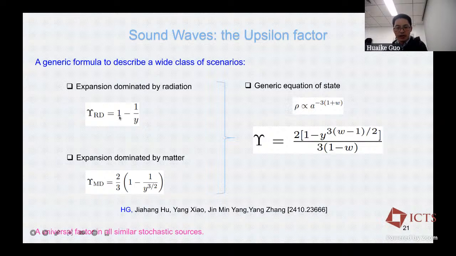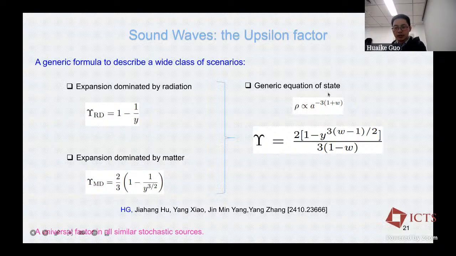Here y denotes the scale factor ratio. The scale factor is basically another way of measuring time, right? The one in the numerator is the current time, and the one in the denominator is the time when the sound waves become active. So this is basically a measure of time.